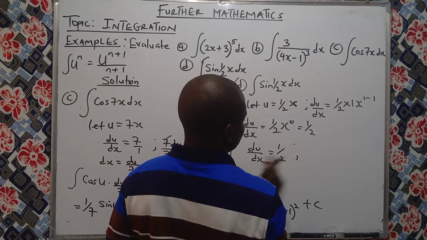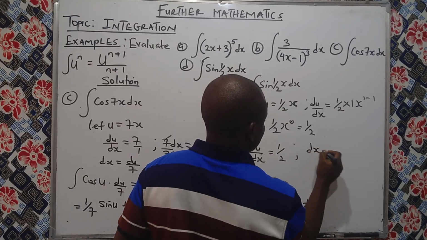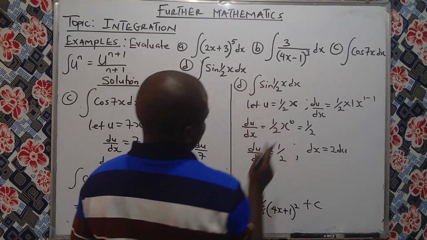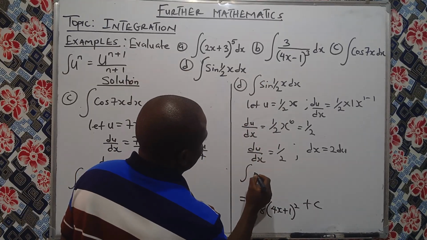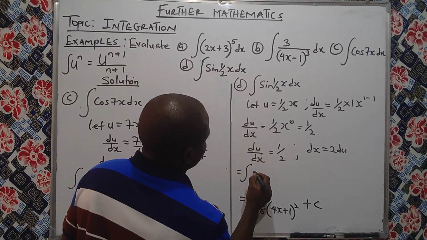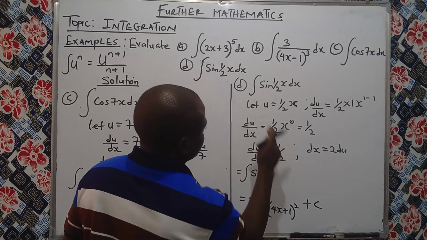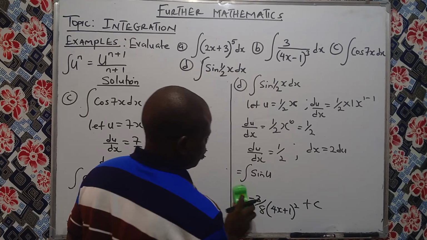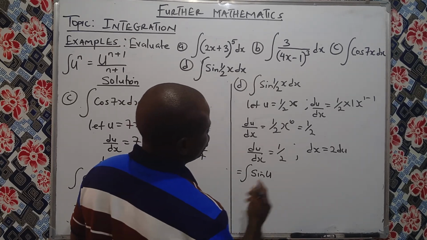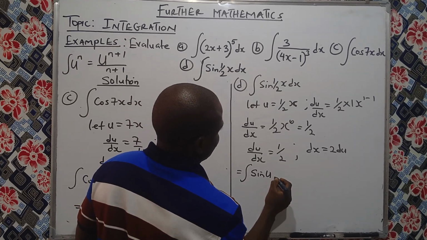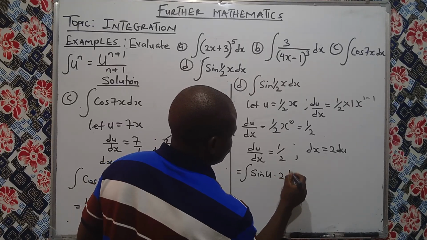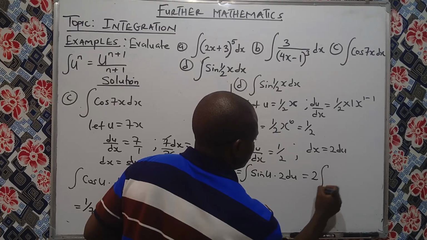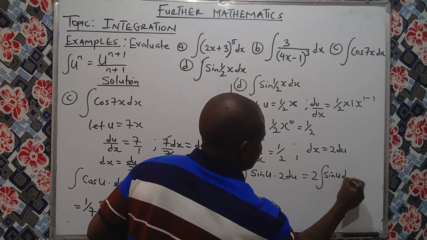Cross multiply to make dx the subject of the formula. dx equals 2 du. Now replace it back. You have the integral of sine half x, which is sine u, multiplied by dx which is 2 du. Bring the constant 2 out: 2 integral of sine u du.